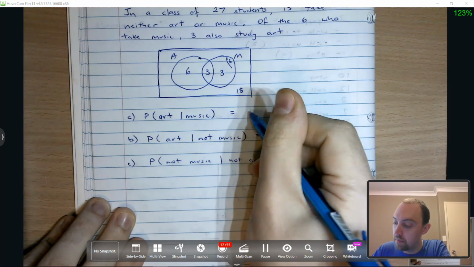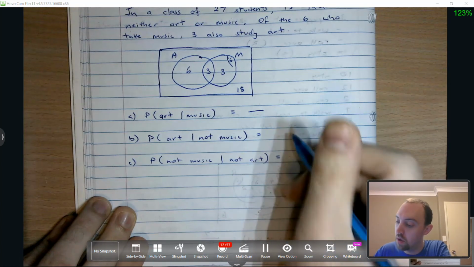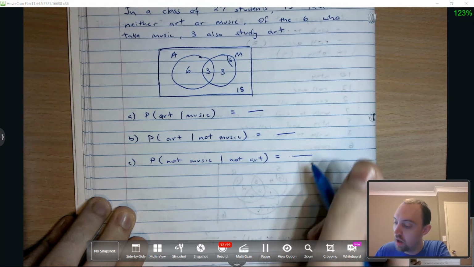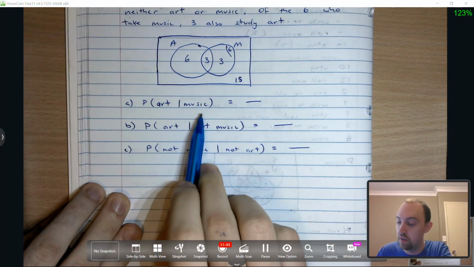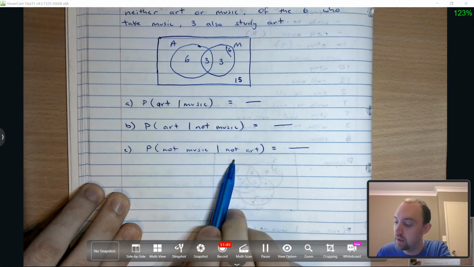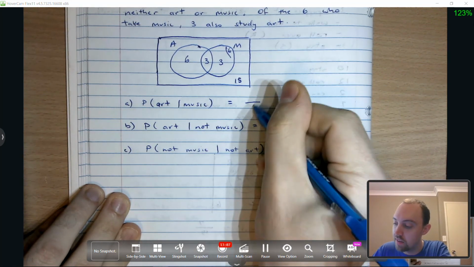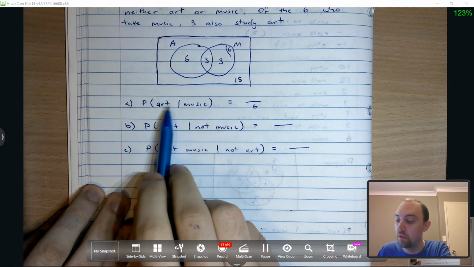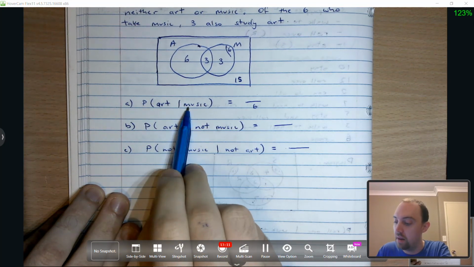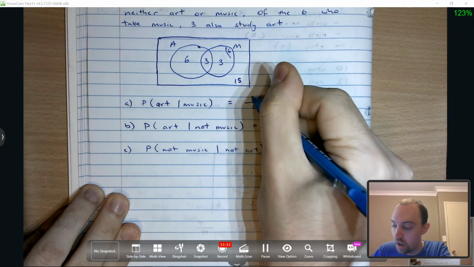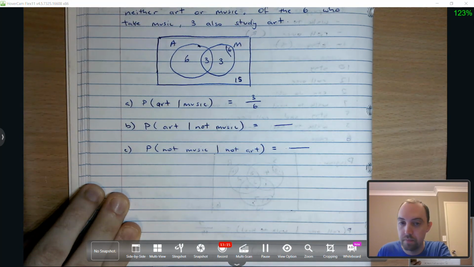So, a couple questions here. Remember that the bottom of each of these fractions is going to be our condition. How many people take music? There are 6. How many people take art and music? There are 3.